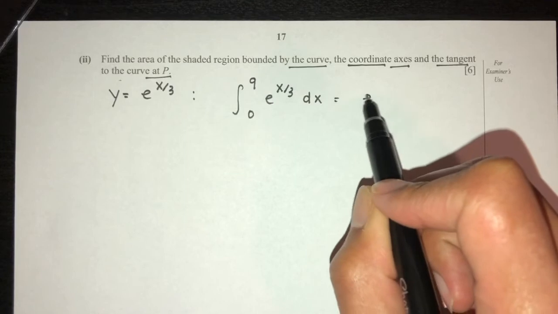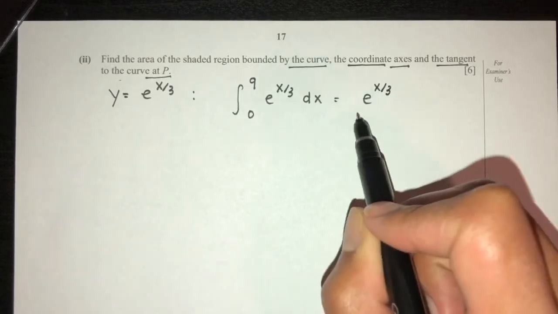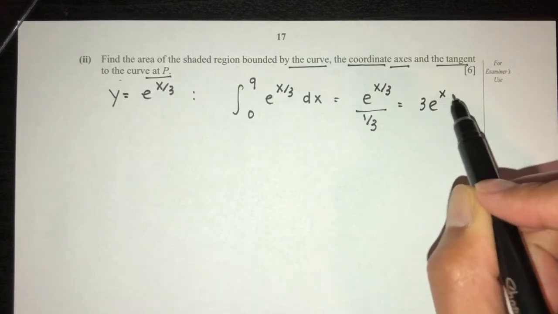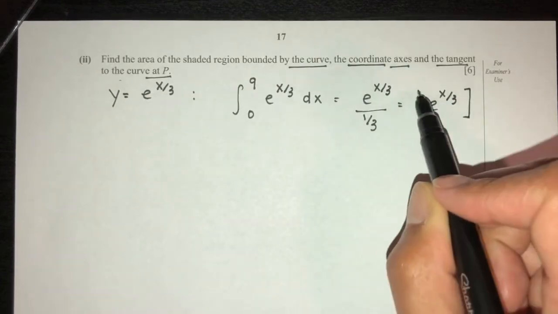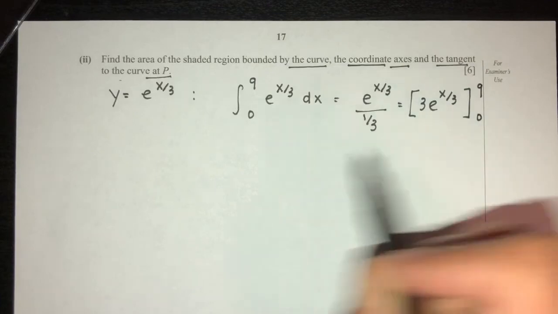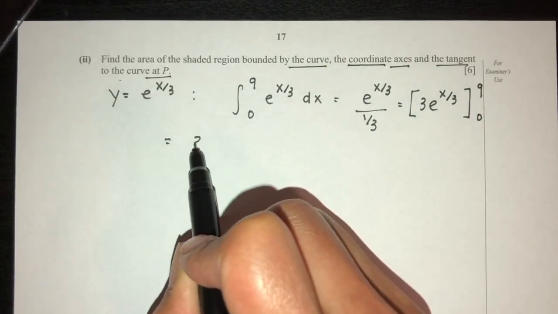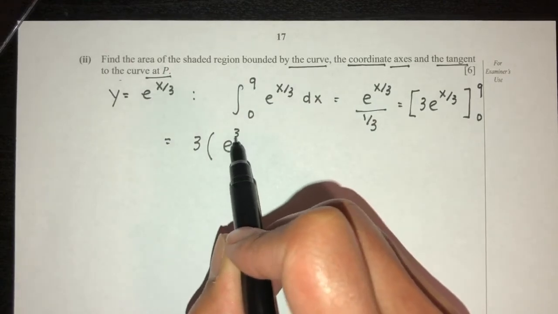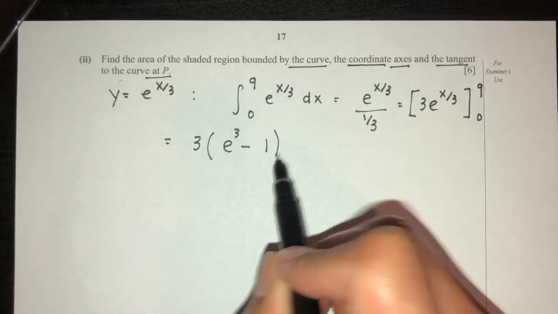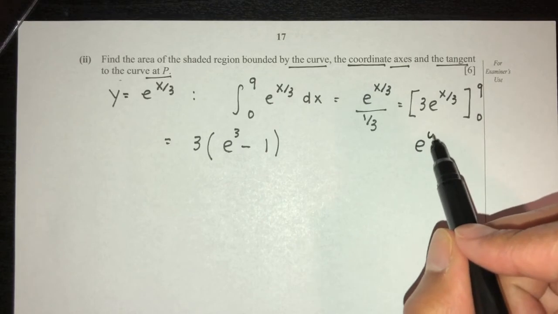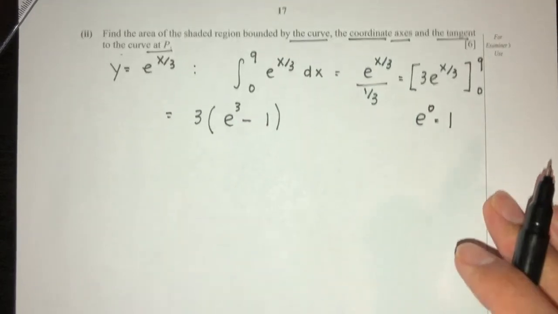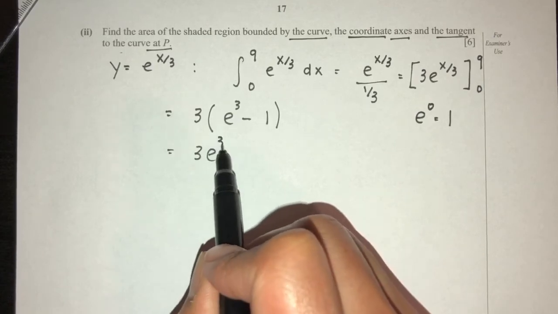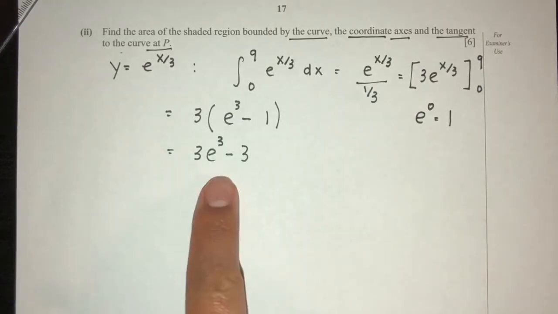That will be e^(x/3) divided by 1 over 3, that is 3 times this, and the limits will be 9 and 0. That will be 3 times e^3 minus 1, because e to the power 0 is always going to be 1. So here we have 3e^3 minus 3. That is the area under the curve.